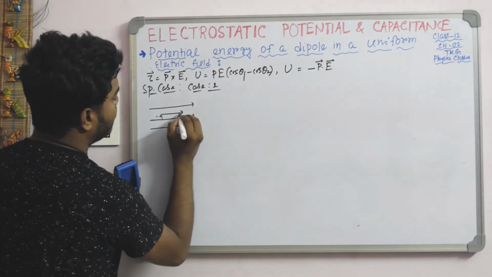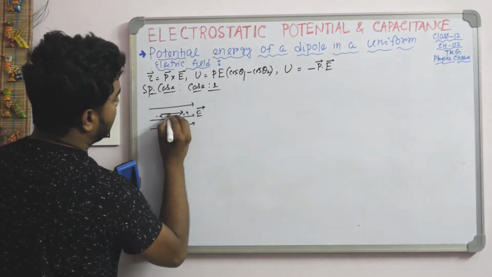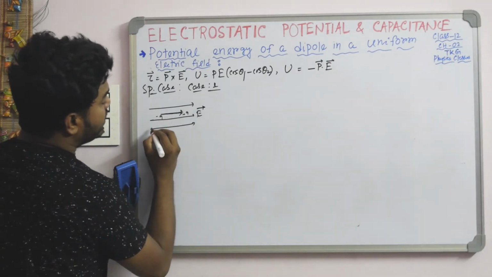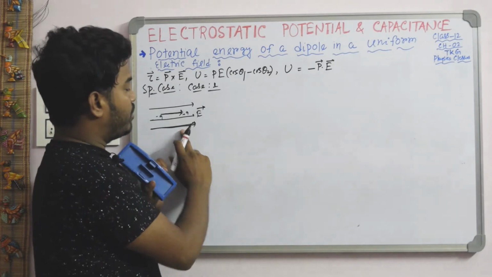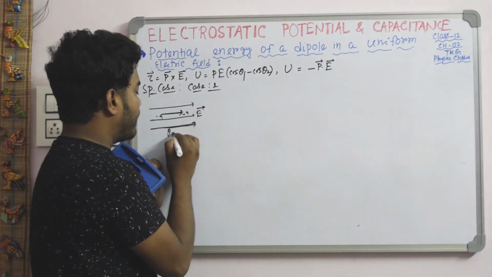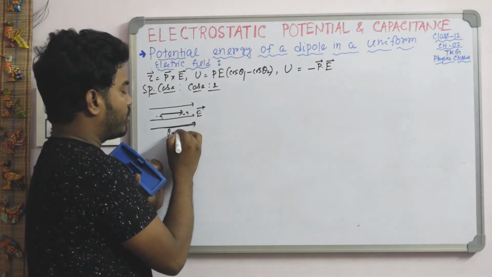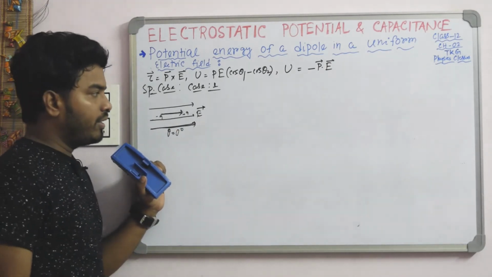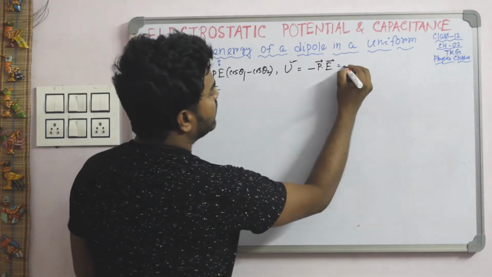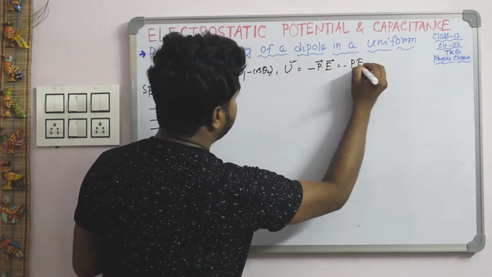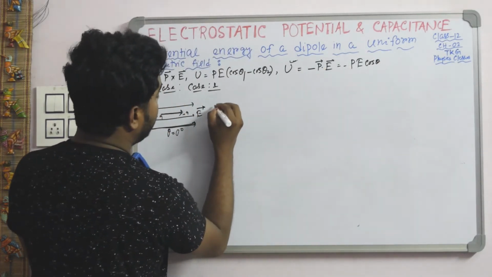This is minus q, this is plus q, this is the electric field direction, and the dipole is placed parallel to the uniform electric field. So what is the angle between them? The angle between the P vector and the E vector, which are parallel, is 0 degrees. So what will be the final result? You know the result, that is minus PE cos theta. Okay, first of all you calculate the net force.